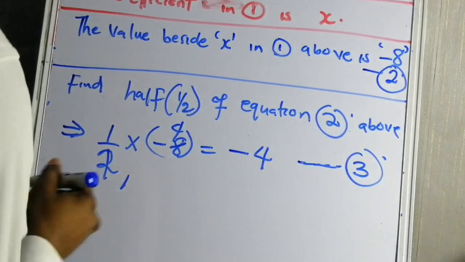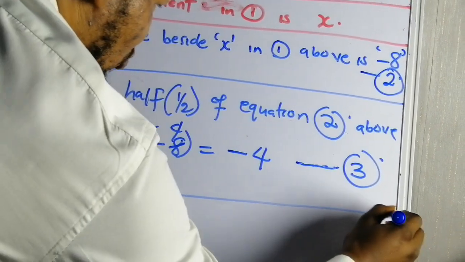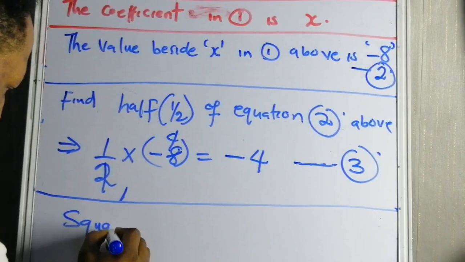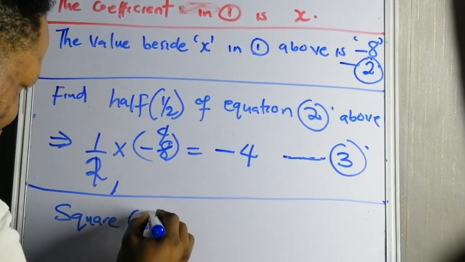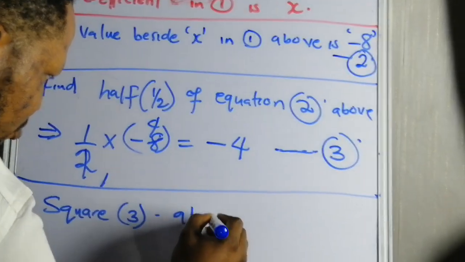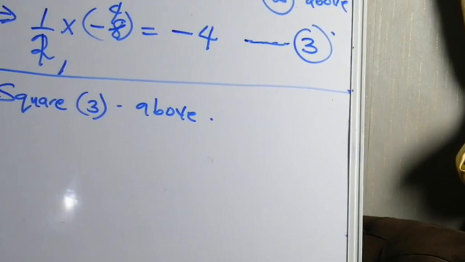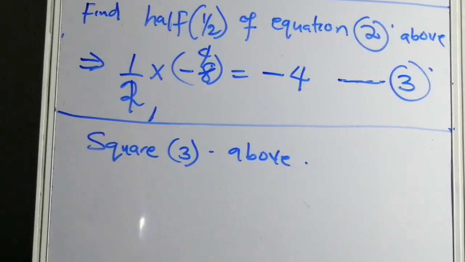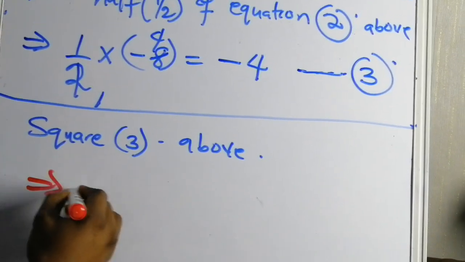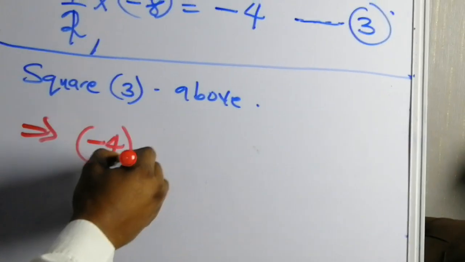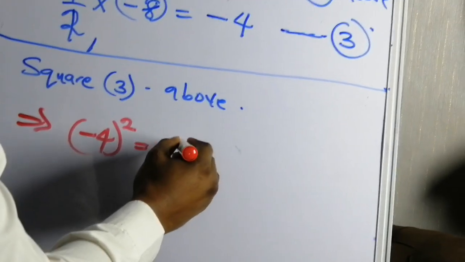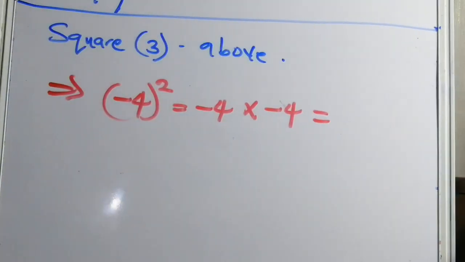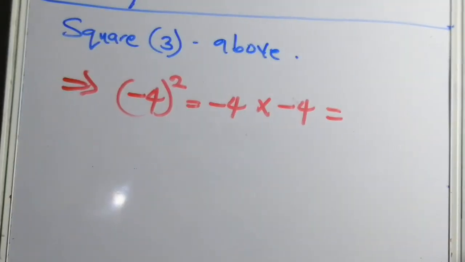Okay, then after doing that, what's the next step? The next step is to square equation 3 above. So when you square it, what will it give you? That implies minus 4 all squared, which is the same thing as minus 4 times minus 4. So minus times minus is what? Plus.